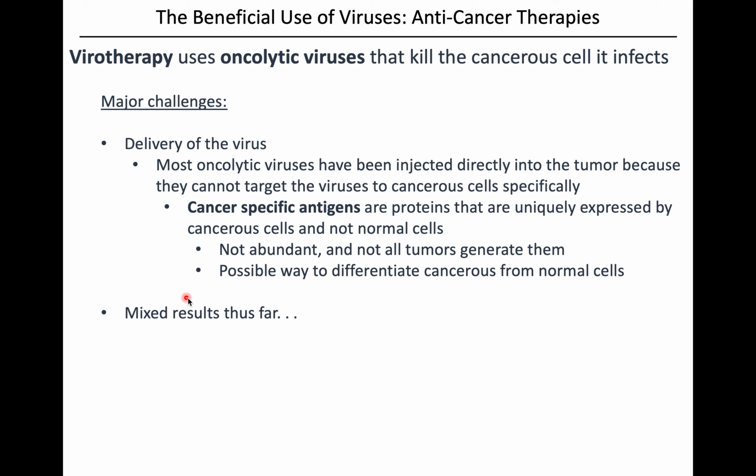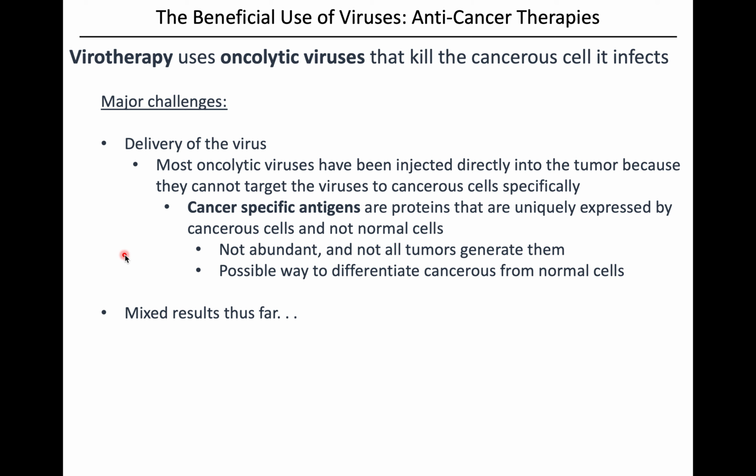And there's all kinds of cool tricks. I won't go into all the details here. I get into it a little bit more in my cancer biology class. But there are some cool engineering tricks that can be used to try to design viruses that will only infect cells that express a specific antigen. So you would basically introduce the virus into the patient.